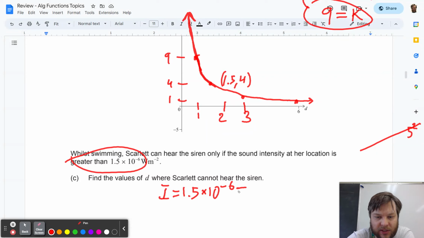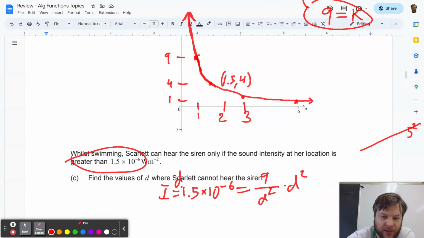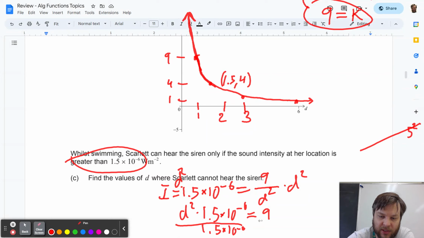But I also know that the sound intensity is equal to 9 divided by d squared. So I'm going to multiply both sides by d squared. So I have d squared times 1.5 times 10 to the negative 6 is equal to 9. And then I divide by 1.5 times 10 to the negative 6 to get d squared by itself.